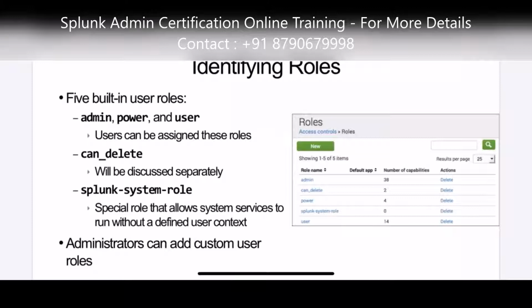And the Splunk system role is a special role that allows system services to run without a defined user context. There is nothing you need to do with the Splunk system role, but if there are system-established scheduled searches or reports running in the backend, and you want to check which user is running them, then you'll get the Splunk system role there.